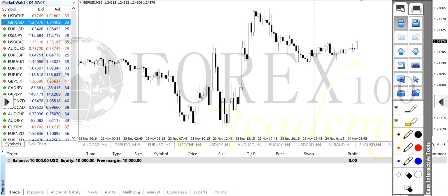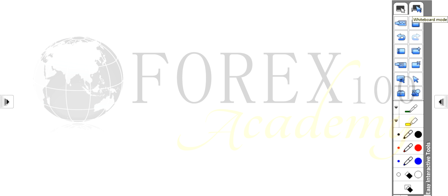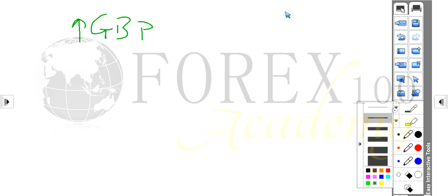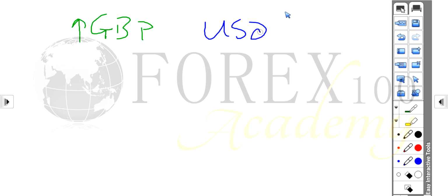okay, let us move back to the whiteboard. Take for example, if you have analyzed the news, you have seen that the pound in particular, GBP, has a potential of appreciation, or you are looking at USD has a potential of depreciation.